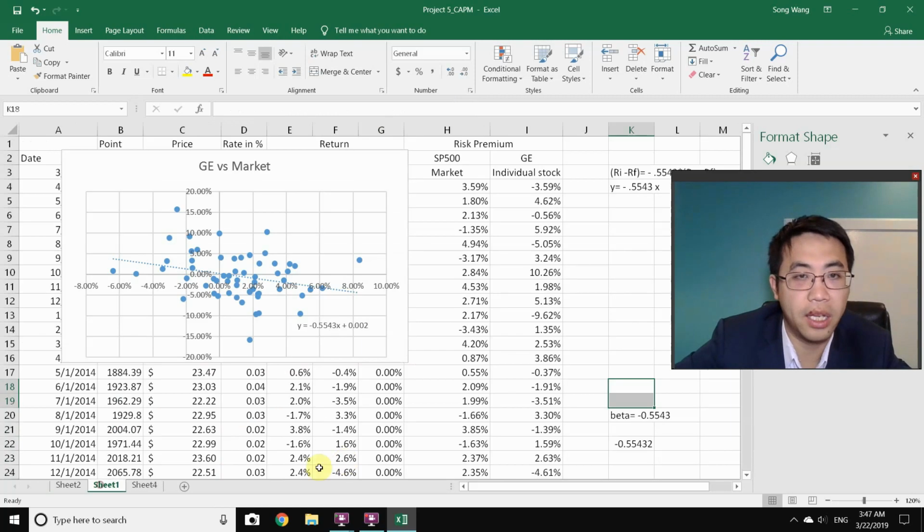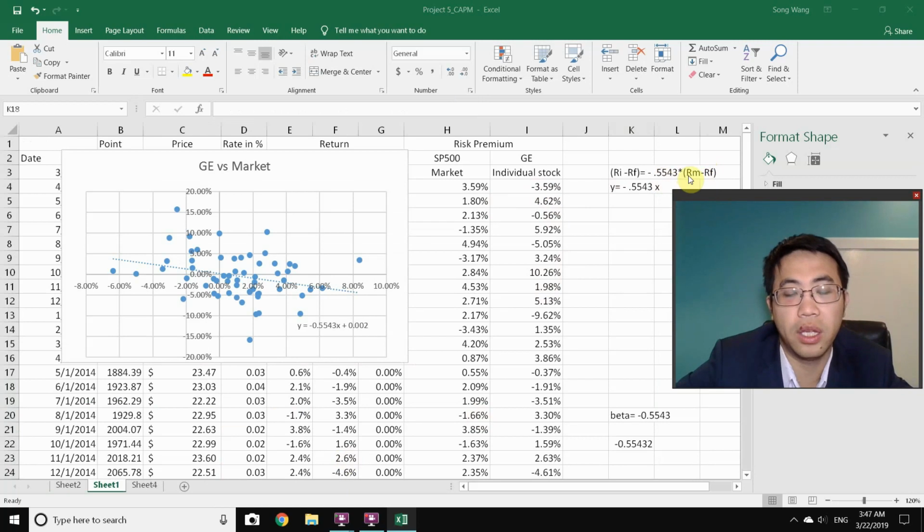Once again, beta is the multiplier which relates the market performance and the individual stock performance. So your beta should be negative 0.5543. We have done three methods to estimate that.